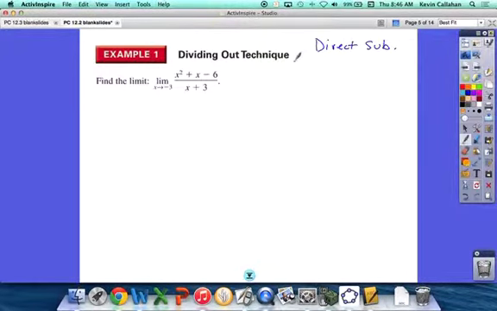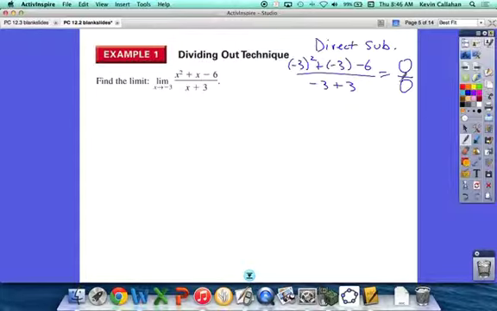I'm going to get -3 squared plus -3 minus 6 divided by -3 plus 3. In the numerator, the -3 squared is +9. Minus 3 minus 6 is 0. Denominator, -3 plus 3 is 0. So direct substitution doesn't work because we don't know what to do with 0 over 0.